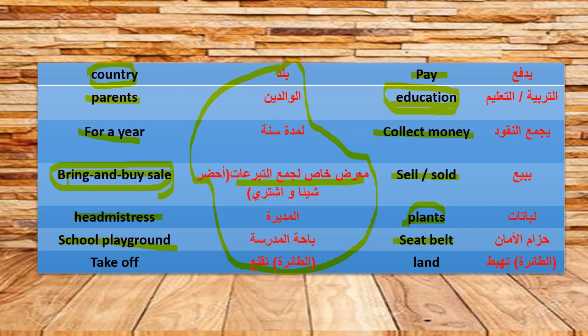So, seat belt, حزام الأمان. This is very important. Seat belt. Take off and land. Now, land is a noun, but here we will take it as a verb when we are talking about the plane. The plane takes off and lands.